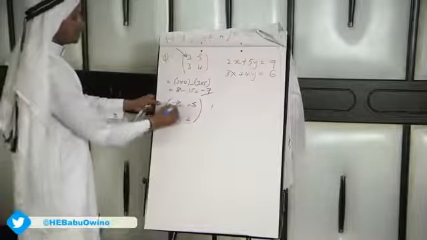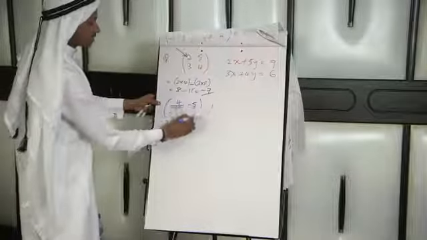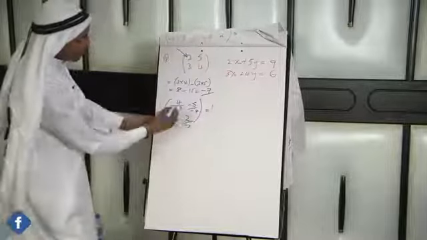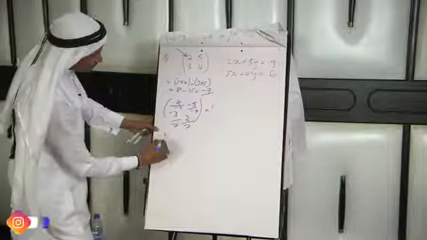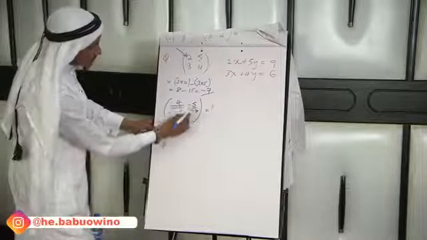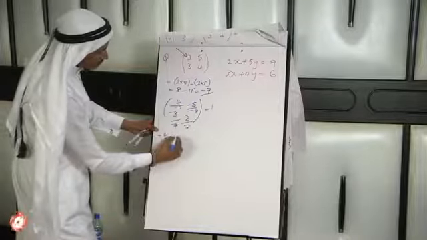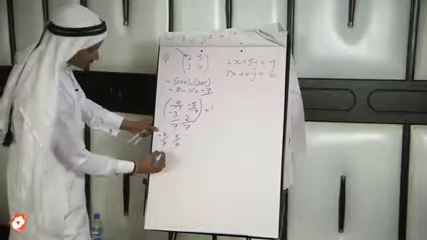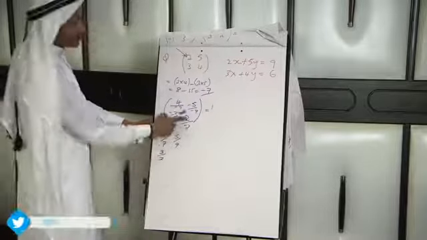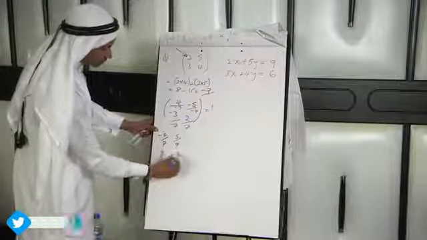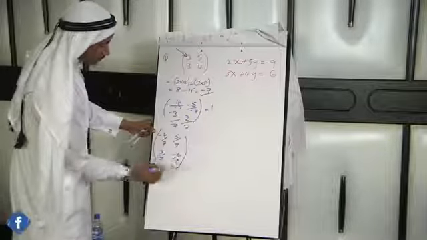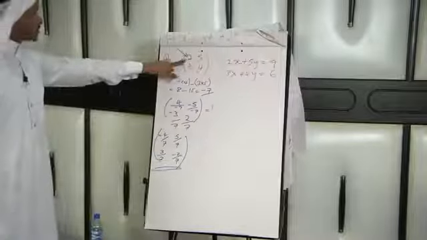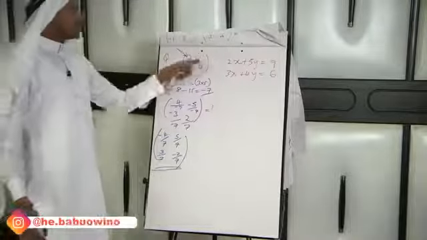Then divide by the determinant, which is minus 7. So the inverse is minus 4 over 7. Minus 5 divided by minus 7 is 5 over 7. Then minus 3 divided by minus 7 is 3 over 7. Then 2 divided by minus 7 is minus 2 over 7. So this is the inverse of matrix 2, 3, 5, 4.